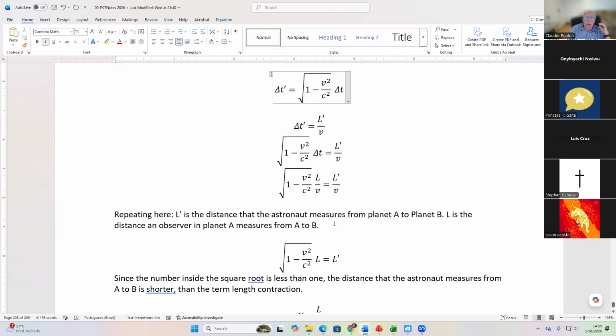Repeating here, L is the distance an observer in planet A measures from A to D. Since the number inside the square root is less than 1, the distance that the astronaut measures from A to D is shorter. That is the term length contraction.